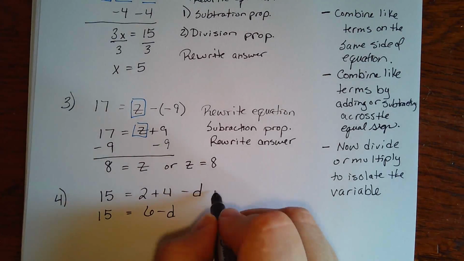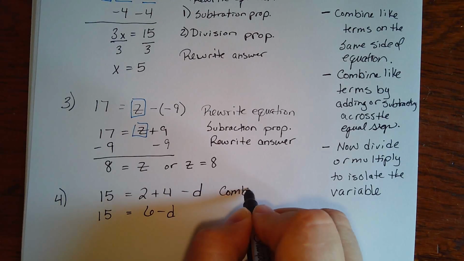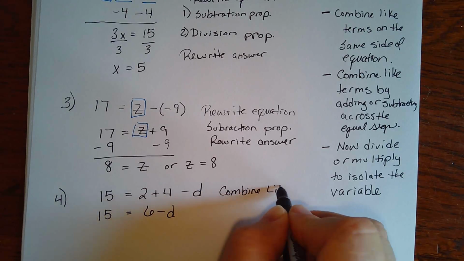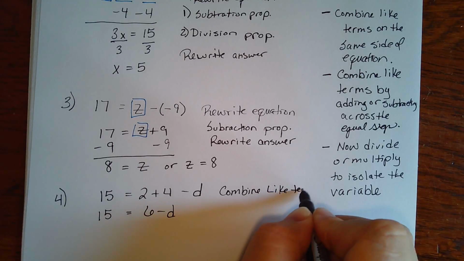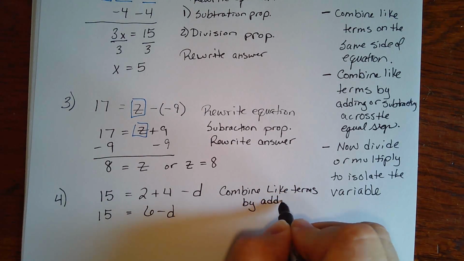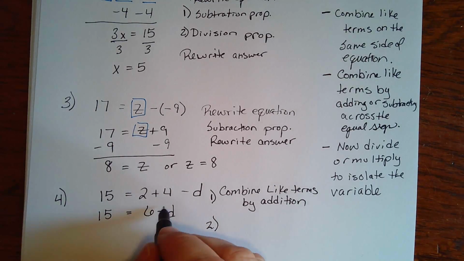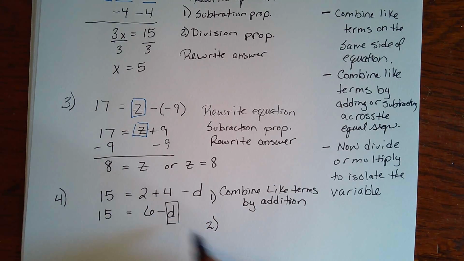So over here, we're going to write combine like terms by addition. Okay, so that's really step 1. So step 2 is going to be isolating that variable. So now we're going to look at the d. To do that, we're going to say, okay, if 6 is positive on the right-hand side, we need to use the opposite.